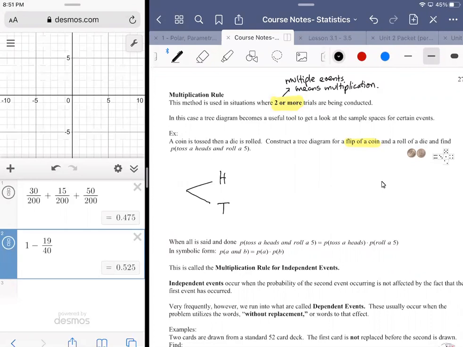There are other forms of tree diagrams where the probabilities get listed as well, but it doesn't really add too much to the conversation for us, because the way we handle probability, we don't really need to worry about that. All right. So we have 2 possible outcomes, heads or tails. So once I have the heads, then I roll a die. Once I roll a die, I can have upwards of 6 possible outcomes.